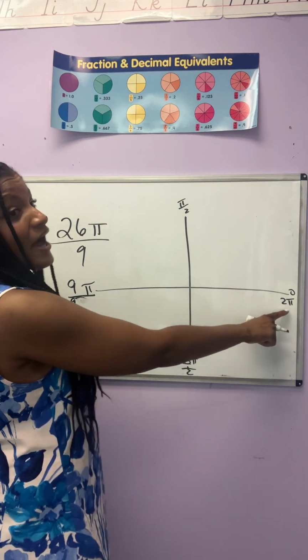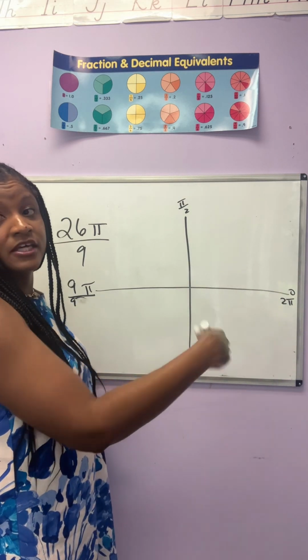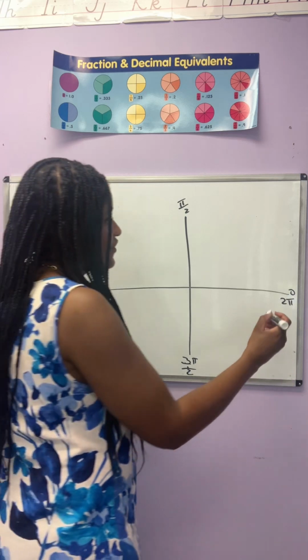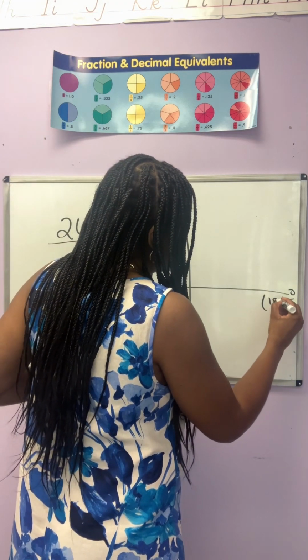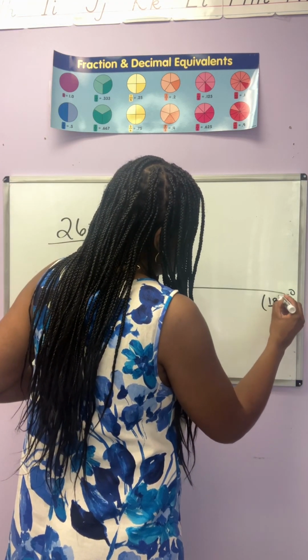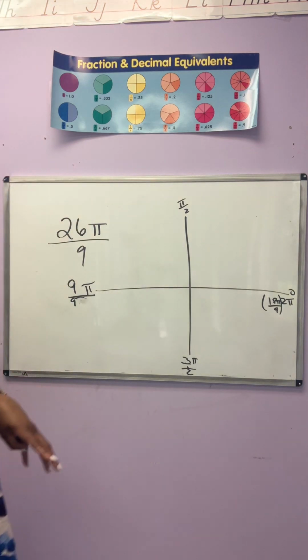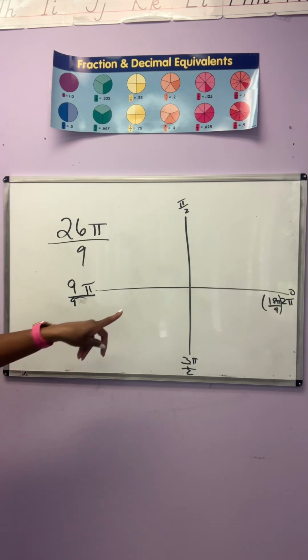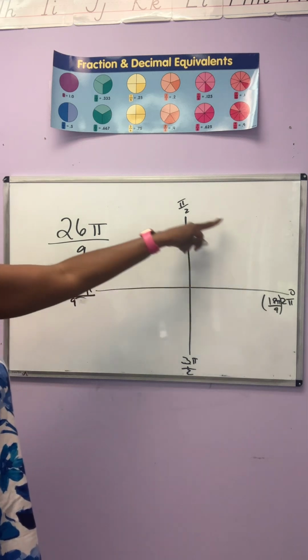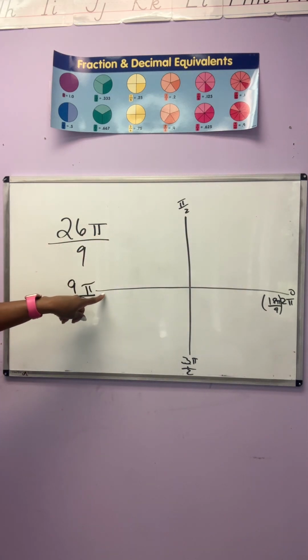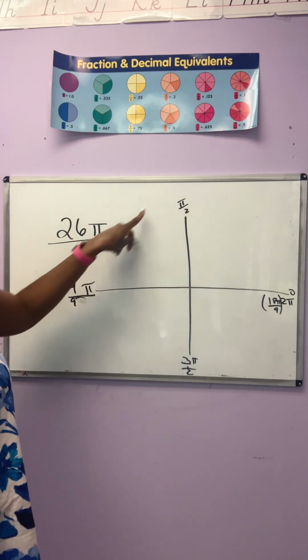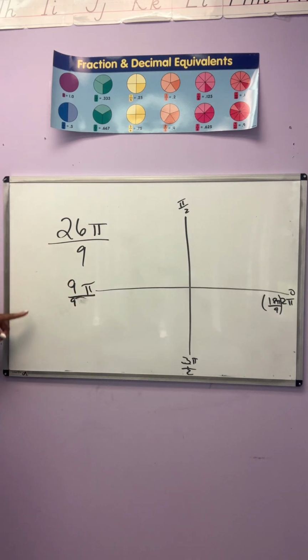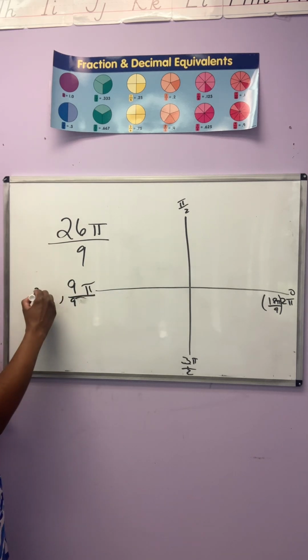So over here where I have 2 pi, if we're making the equivalent fraction for that, that's going to be 18 pi over 9. So now we have 18 pi over 9. If we went a full half the circle again, that would be another 9, which would make it 27 pi over 9.